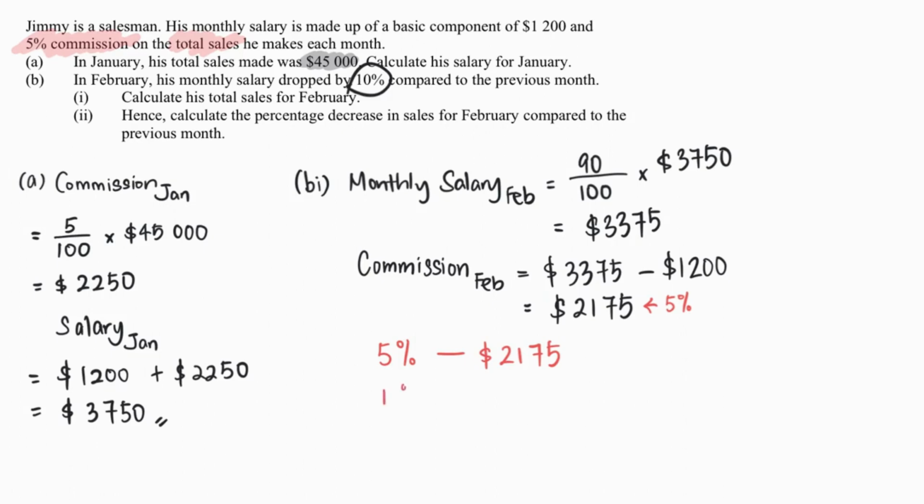So I will get 1% first. So it will be 2,175 divided by 5.